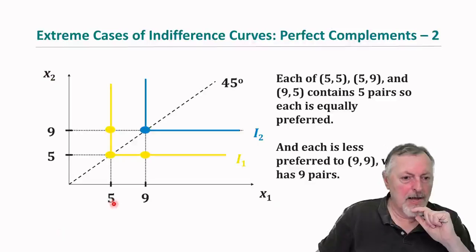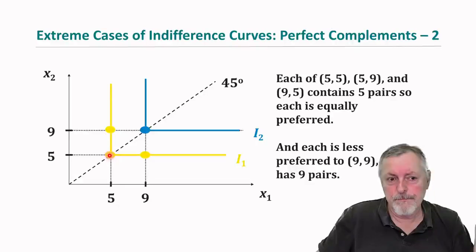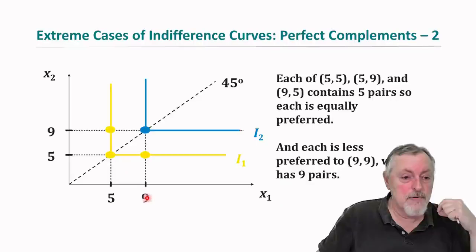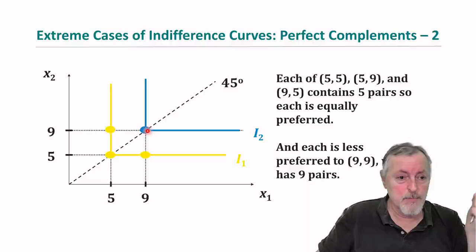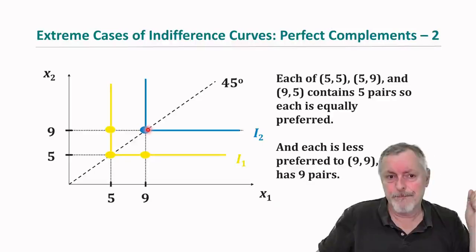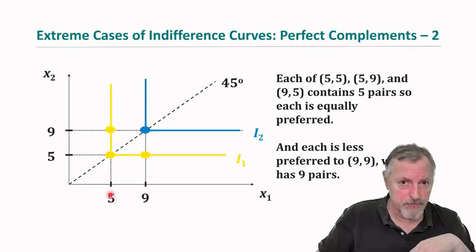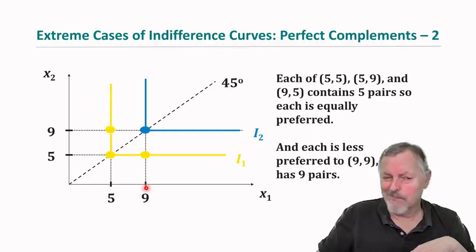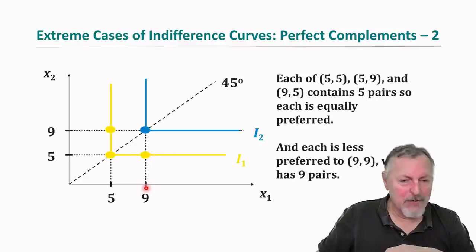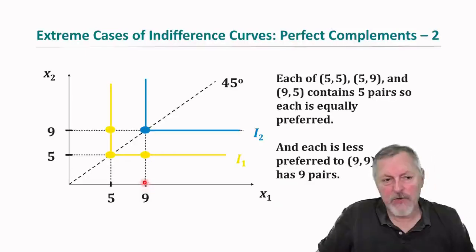Well, having 5 right and 5 left, it makes you this happy. But if you have 9 right and 9 left, 9 pairs of shoes, you'll be happier. You're in a higher indifference curve. But if you have 5 pairs of shoes, and I give you 4 more right shoes, that doesn't make you any happier, because without lefts, they're useless to you, and so you stay in the same indifference curve.